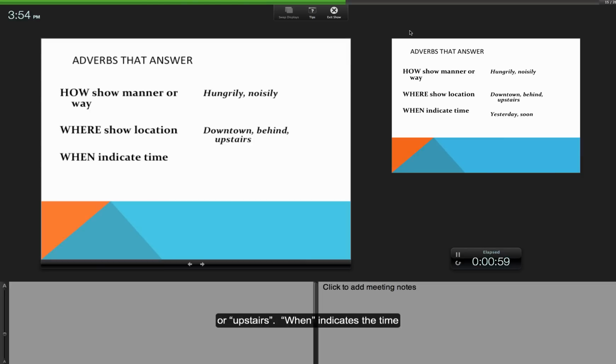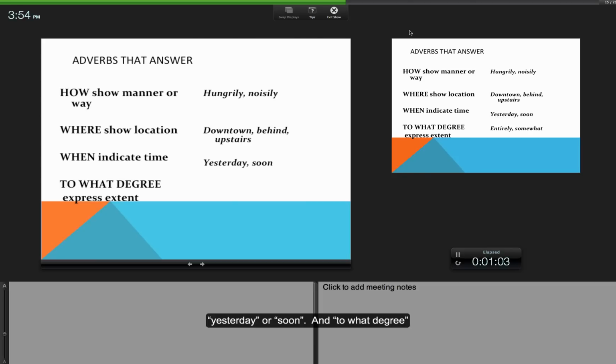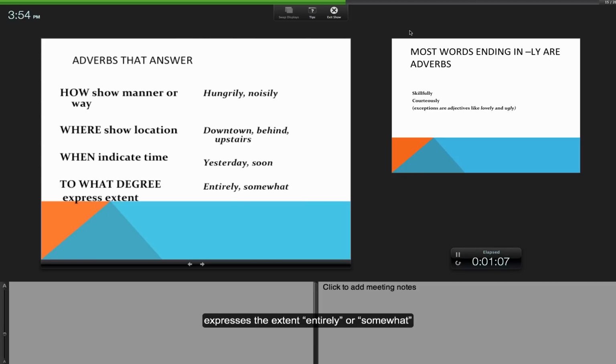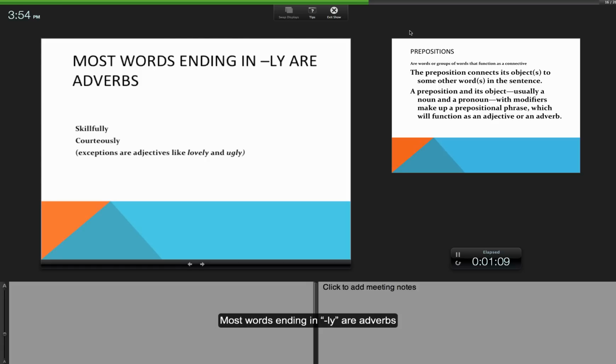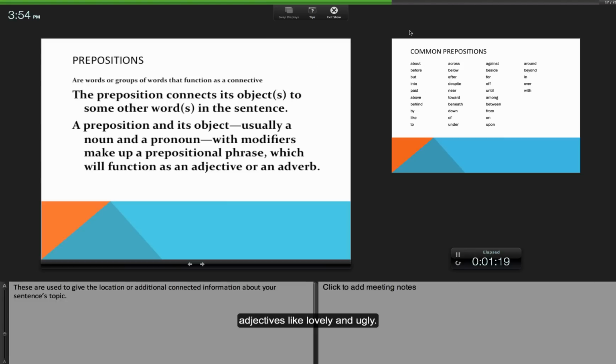When indicates the time, yesterday or soon, and to what degree expresses the extent, entirely or somewhat. Most words ending in ly are adverbs, but not all of them. So some exceptions are adjectives like lovely and ugly.